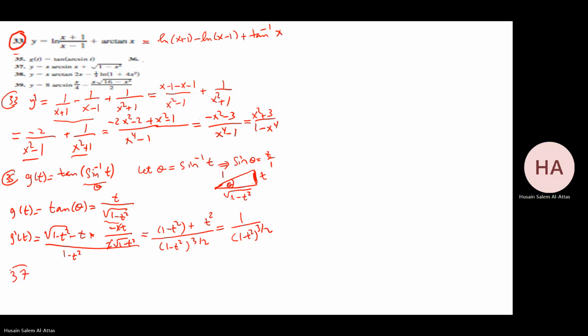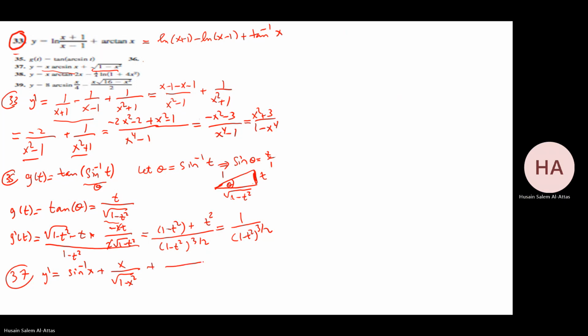37. What is 37? Y prime. The product rule here. So that will be sine inverse of x plus x over square root 1 minus x squared. Now I need to find the derivative of this.